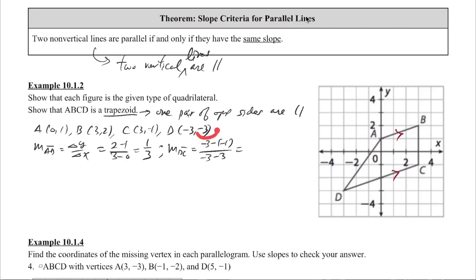Remember, right minus the left, this one, right minus the left, this one. And that yields -2 over -6, which is 1/3. So since the slope of AB is equal to the slope of DC, we can say that AB is parallel to CD.